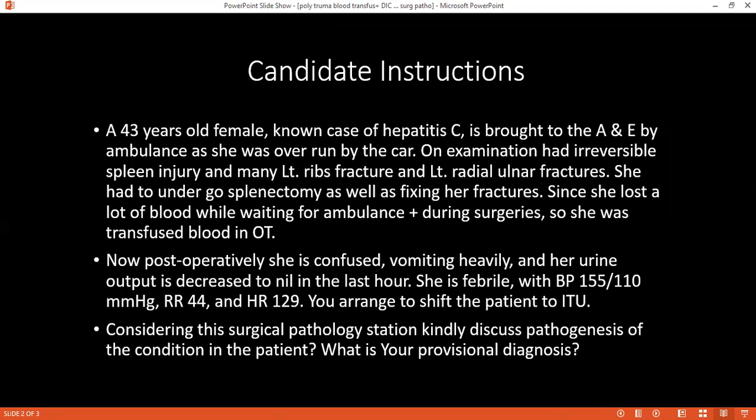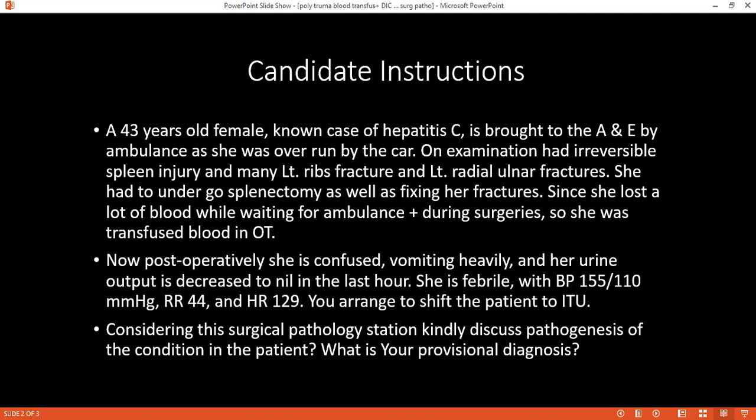Can you please tell me what is the function of platelets? Platelets play a major role in hemostasis, formation of the platelet plug, and activation of the coagulation cascade. Since the patient has hepatitis C, do you think it will affect platelet formation or function?